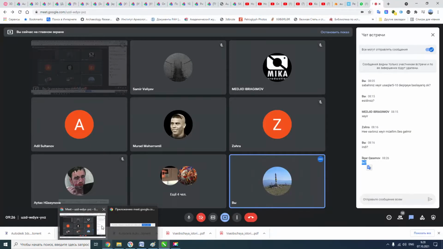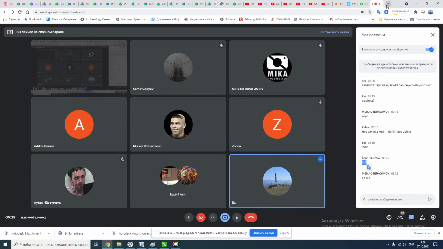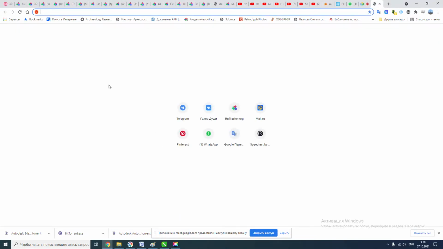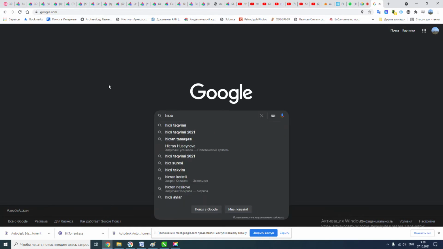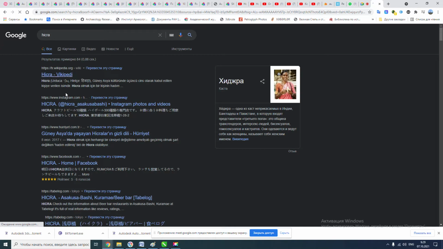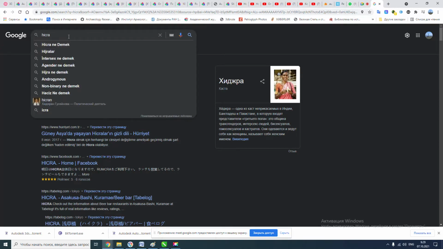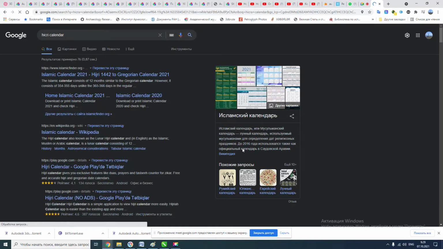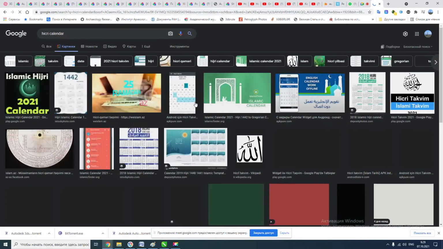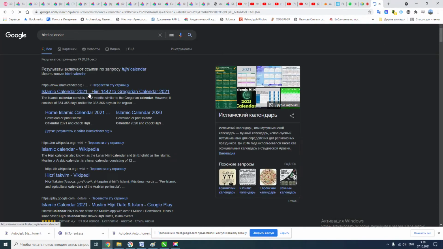For example, if we go to Google and search for the Hijri calendar, the Islamic calendar, we can see that today is, as I understand, 4042.